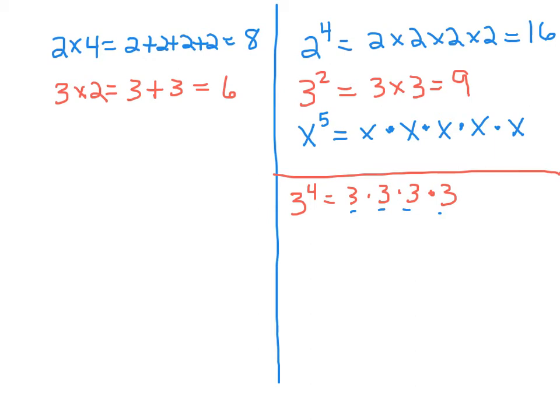So I would like to remind you that when we have multiplication in order, we can group them and multiply them in any order with the commutative property. So I'm going to group them. 3 times 3 is 9, and this 3 times 3 is 9. So then if we look at those two, 9 times 9 is 81. Much easier to do than to look at it as 3 times 3 times 3 times 3.